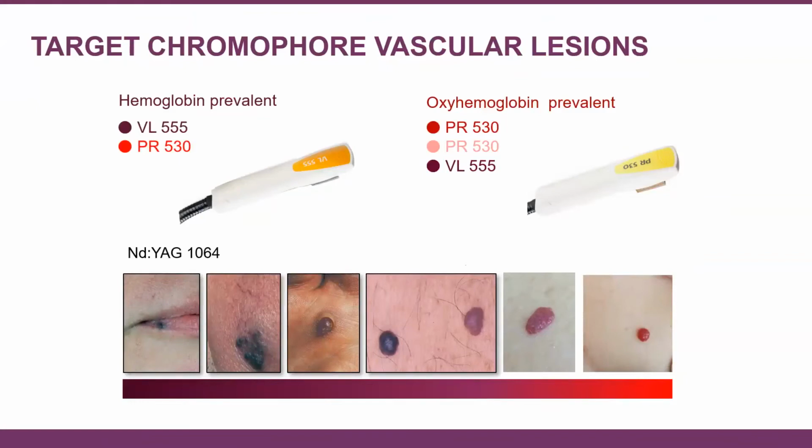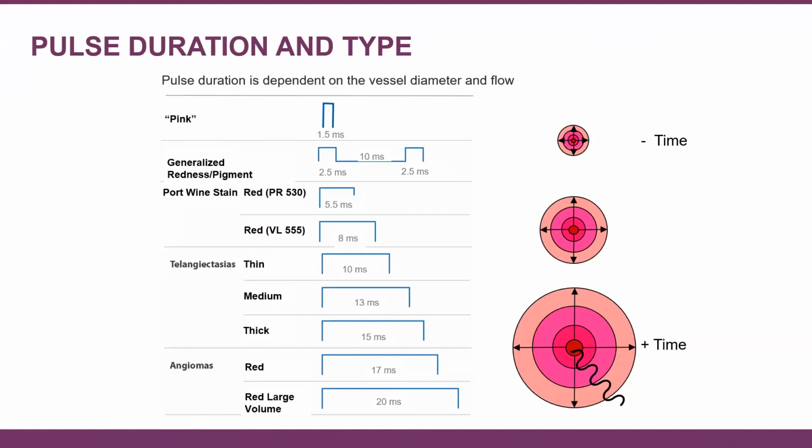And if we're treating lighter colored, pinker and redder vessels, which are more superficial, we're going to use the 530. And then when we get to the very deep vessels, so we're now looking at the very dark purple and dark blue colors, we would be using our Nd:YAG. So that gives you an indication of where you're going to use each one of those handpieces.